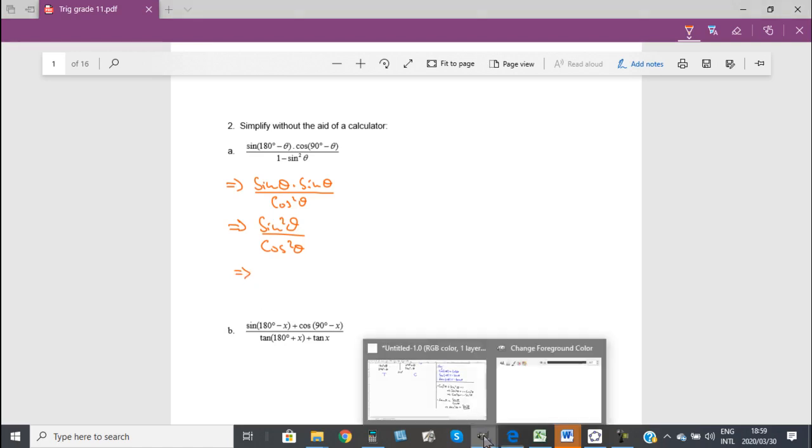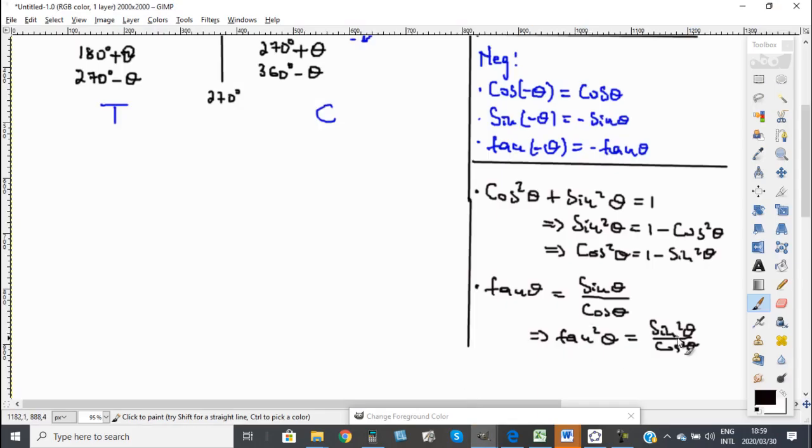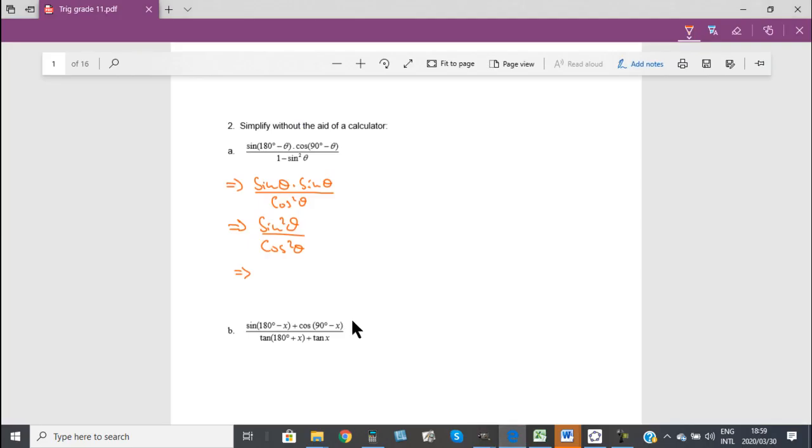And then again, if you go back to your toolkit, tan squared is sine squared over cos squared. So in many cases, when you simplify these things, they should either be reduced to some constant number or to just one trig ratio. So in this case, everything is now reduced to tan squared theta.